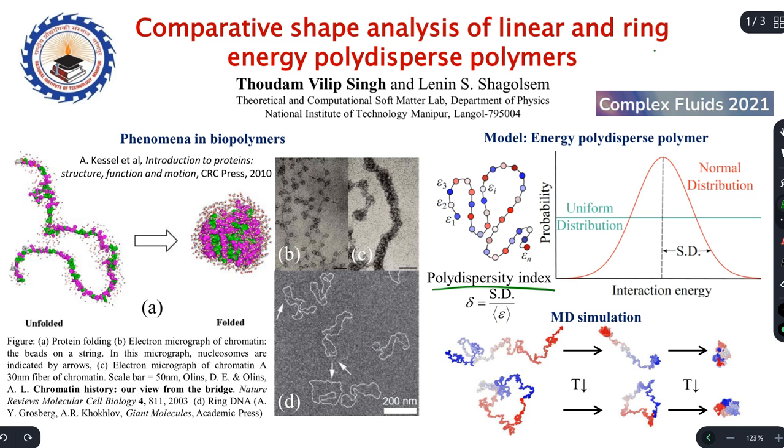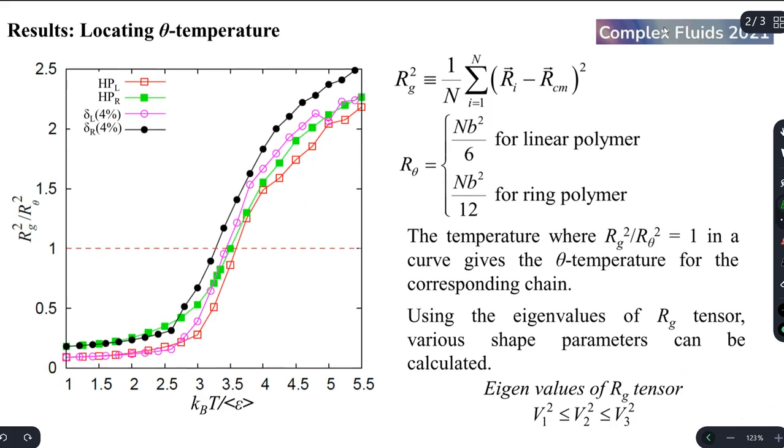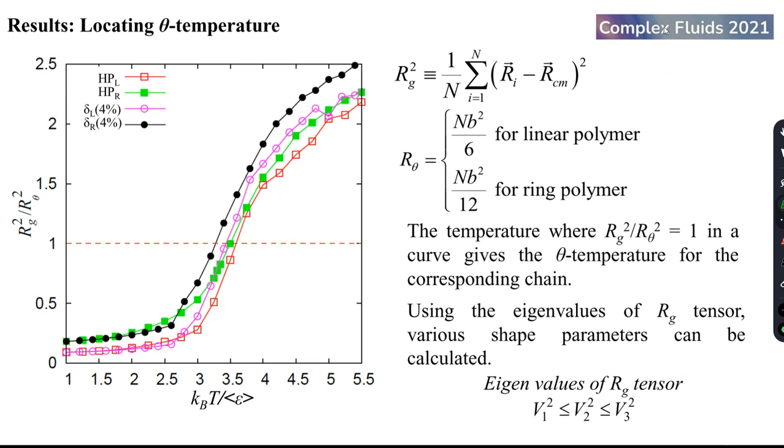But what has been presented here is only for a polydispersity index of just 4%. Even though it is just 4%, the curve that I have here is an average of at least 10 replicas.